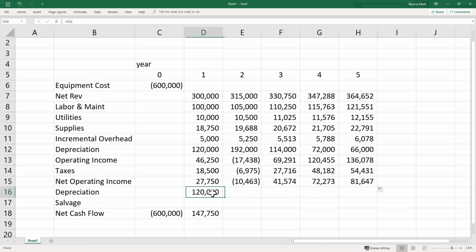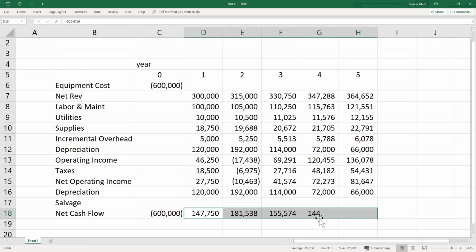And then depreciation, let's see, yeah, we did an equals, so we should be able to just copy that across. And then our net cash flow, we should be able to copy that across. And okay, we're not quite done. We have to do one more little tweak with year 5, and that is working out the salvage value. Okay, so we're almost there.